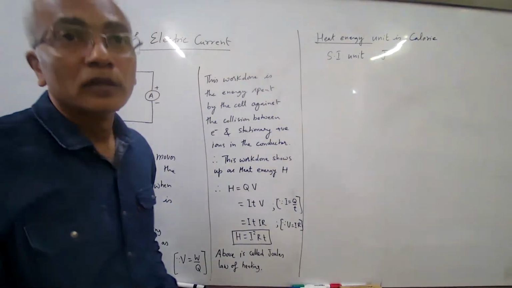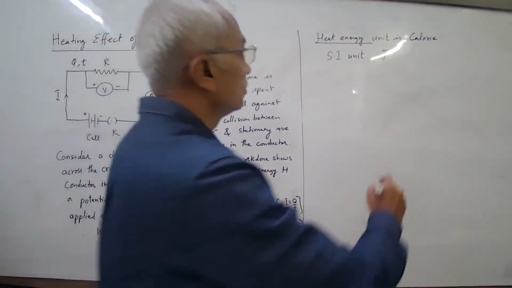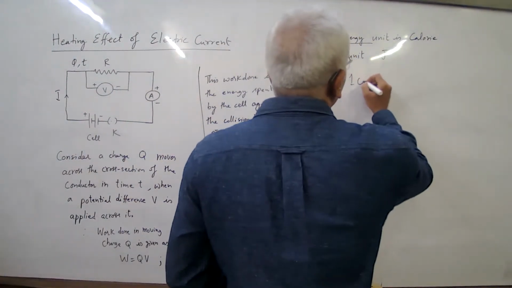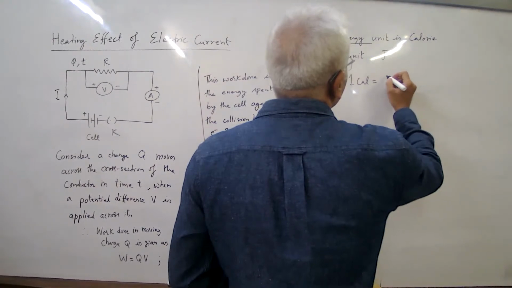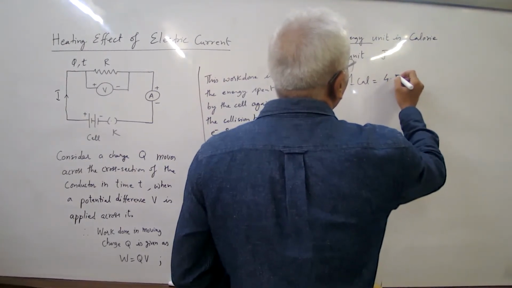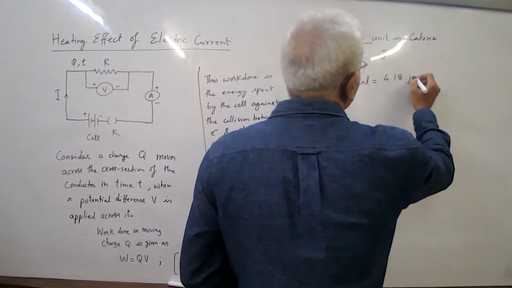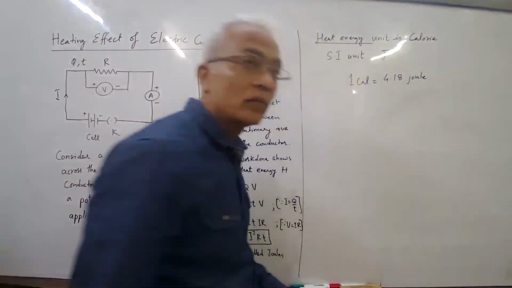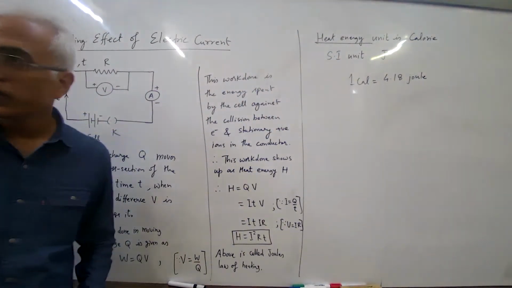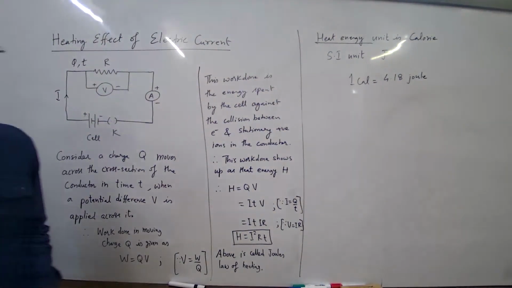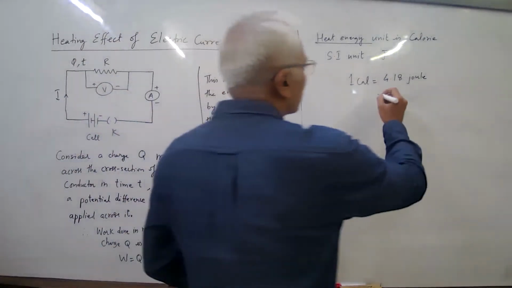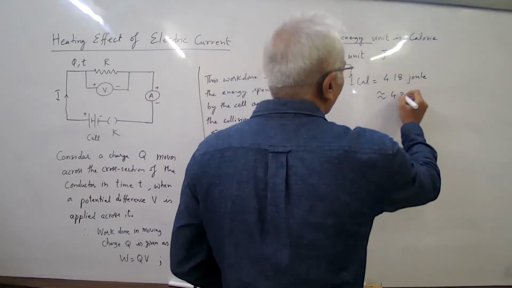So what is the relation between calorie and joule? 1 calorie is equal to 4.18 joule. Or it can also be written as 4.2 joule.